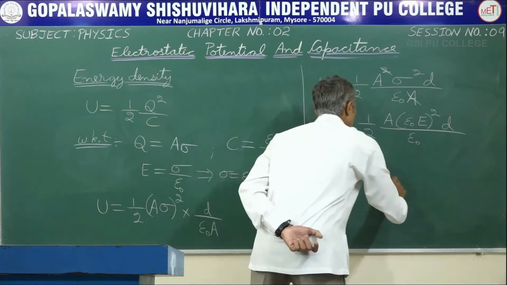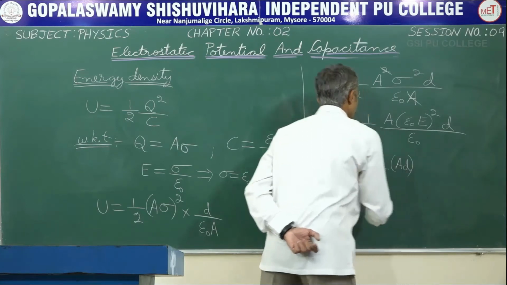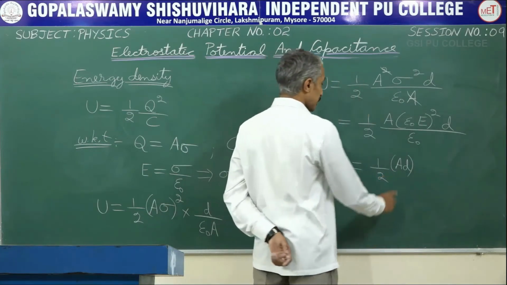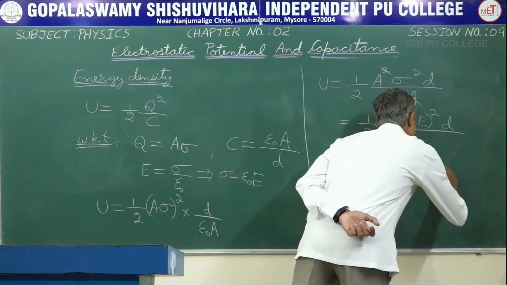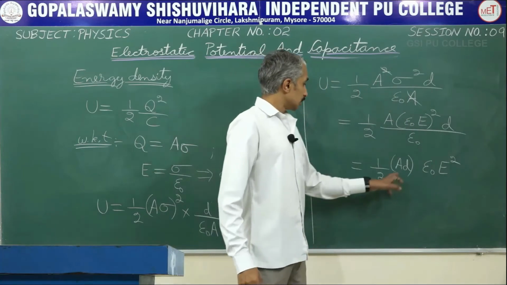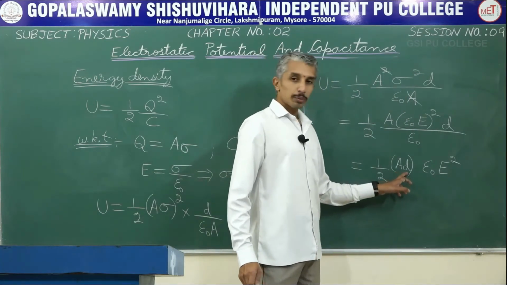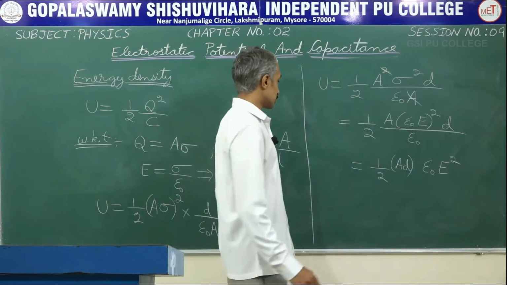So on simplification, I will get the expression here as half into area of each plates into distance of separation between the plates into epsilon naught into E square. Area into distance of separation or area into length will again give me volume.